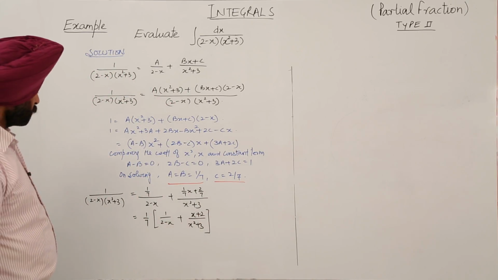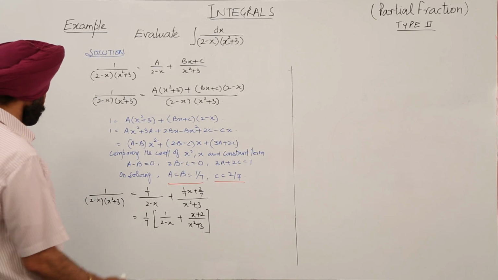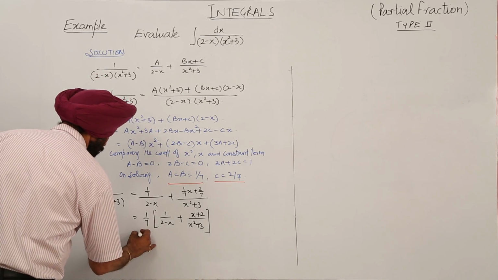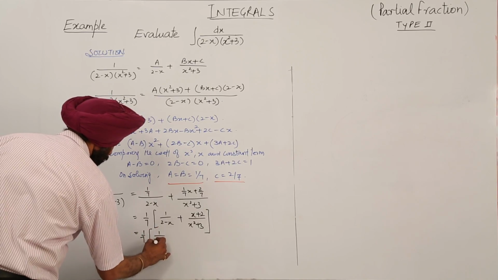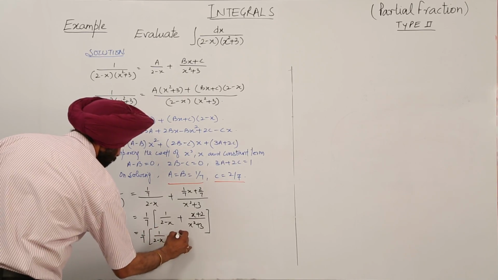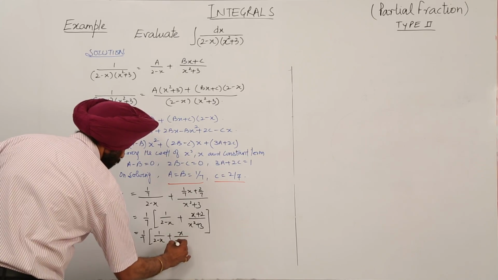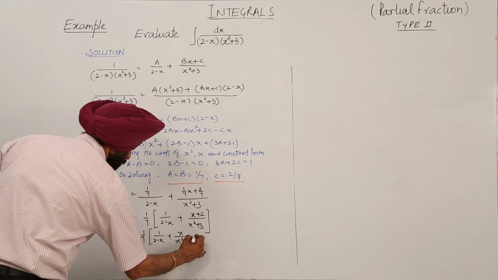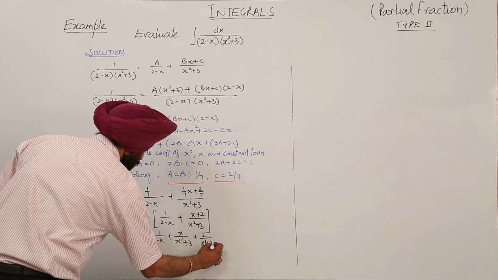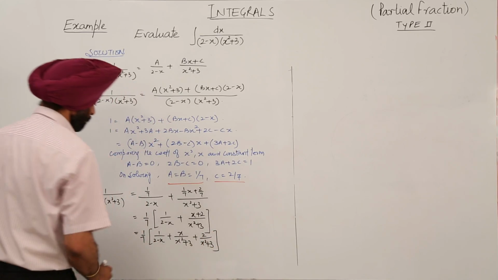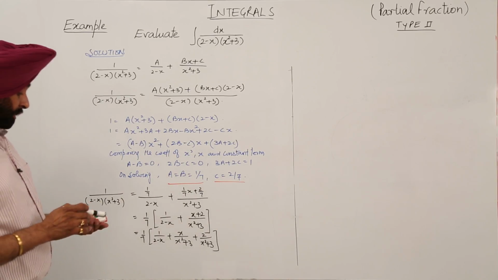Is it clear? So further this part also we can write it now 1 by 7 [1 upon 2 minus x plus x upon x square plus 3 plus 2 upon x square plus 3]. Okay. Now let's integrate.